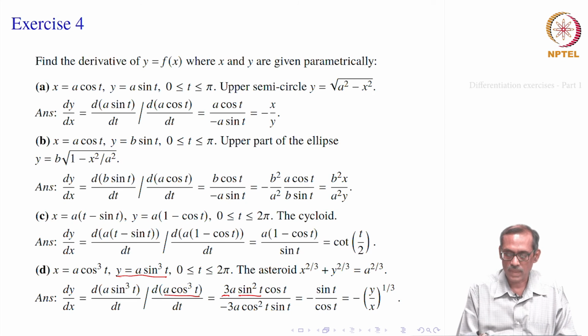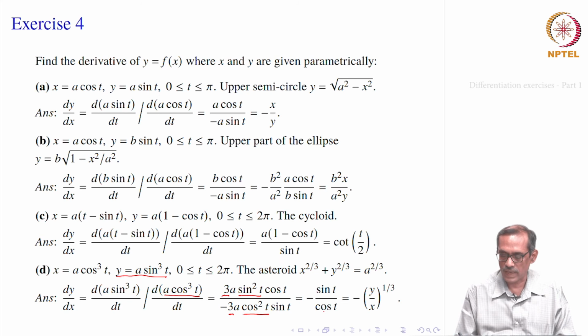So, again use composition formula. So, a remains as it is, d of cosine cubed t with respect to cosine t gives you cosine square t into 3, and then d cosine t with respect to t gives you minus sin t. So, the minus sign here. Then 3a cancels and sin t cos t cancels.